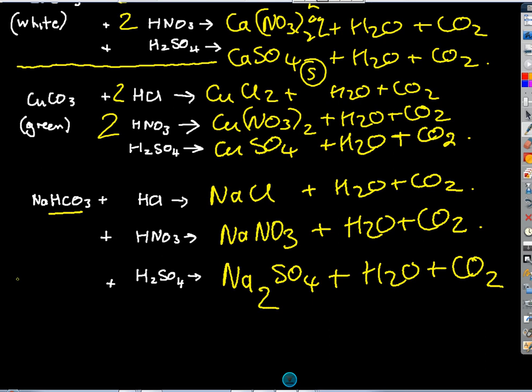I'll just go back over here because I need 2 NaHCO3, and in that one again we will get 2 waters and 2 carbon dioxides. So there's a little bit more work involved in balancing that particular equation.